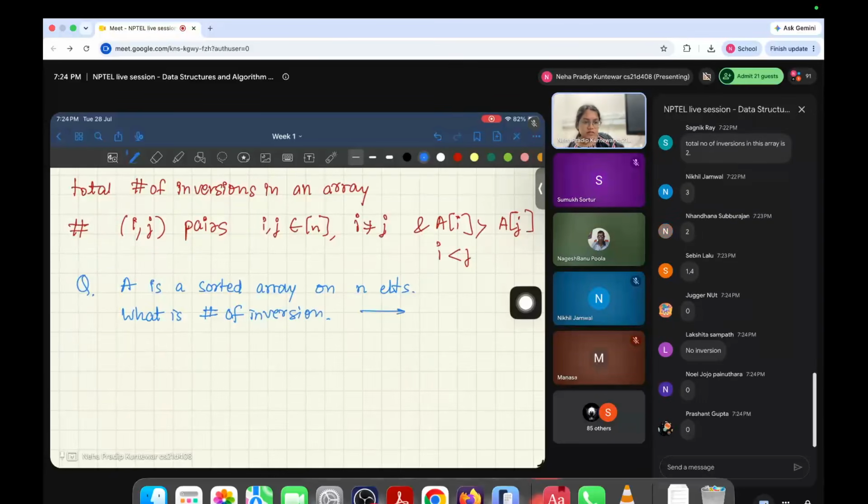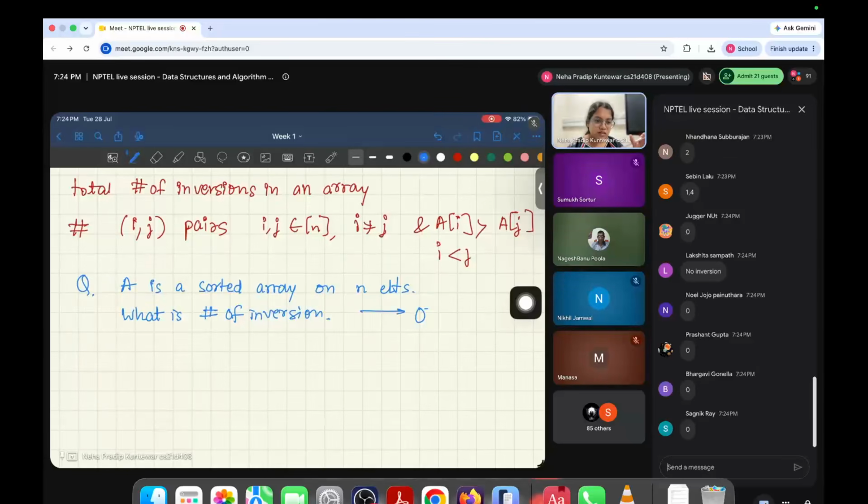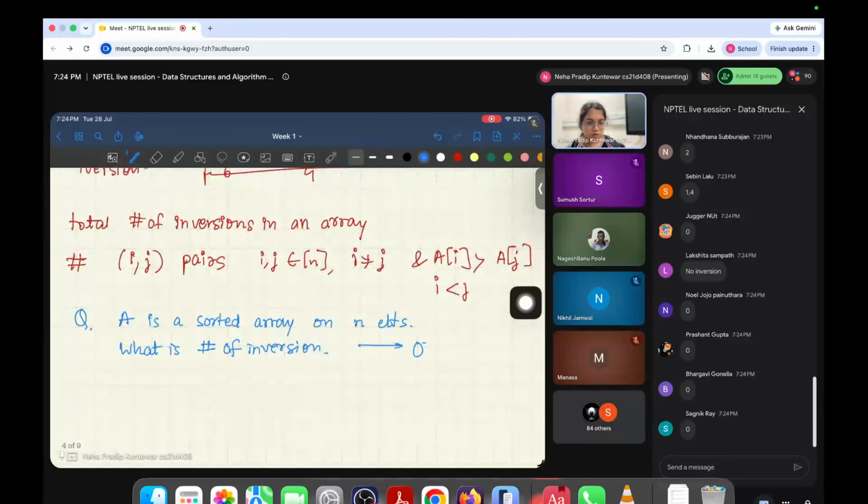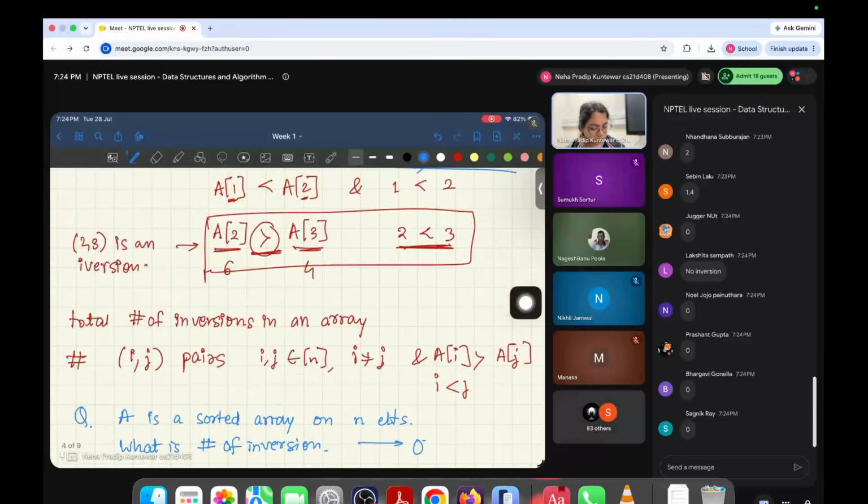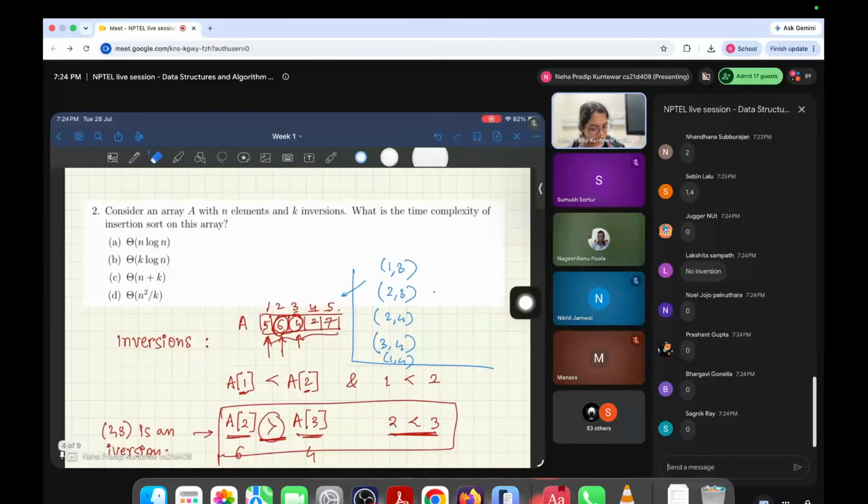All of you are right. There are no inversions. So the number of inversions, in some sense, is a measure of how sorted your array is. If your array is very close to being sorted, like there are only a few elements that are out of place, then you will find fewer inversions, and so on. Okay, so that's the idea.